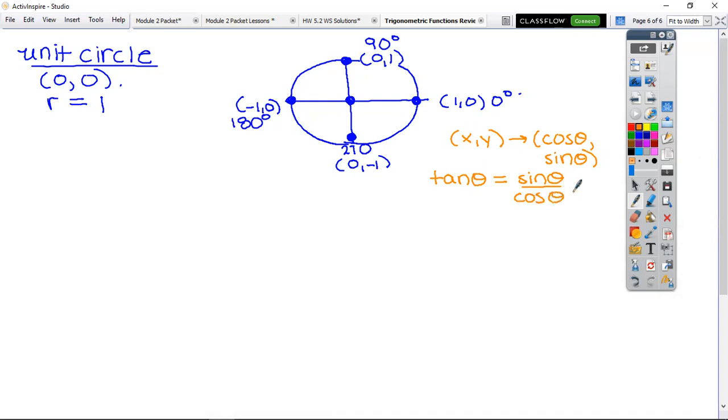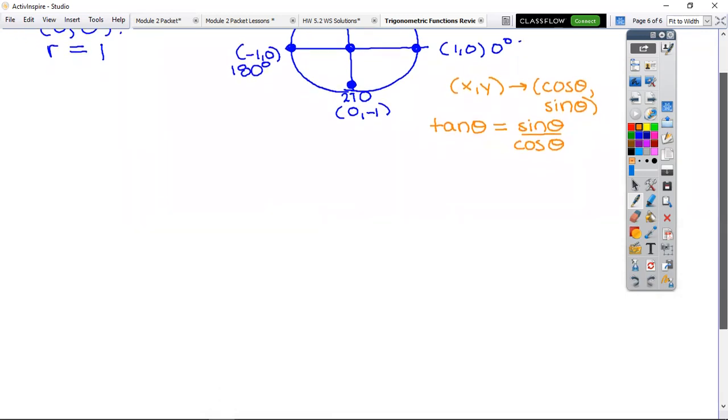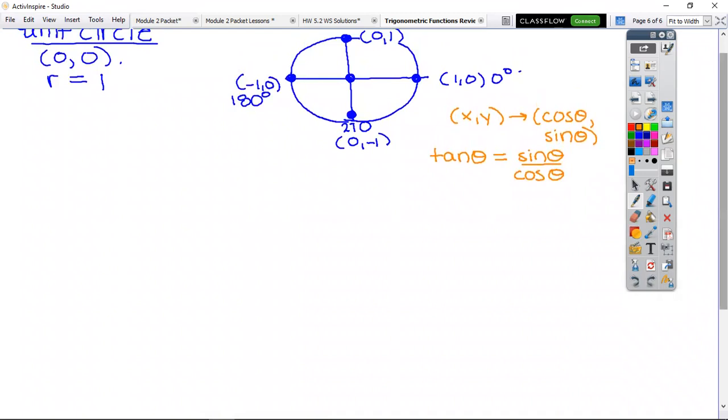Okay, so we are going to list them all out. We're going to start with just sine, cos, and tan. Then we will do the reciprocals. Okay, so this is going to be a big list. So ready? Across here, I'm going to go sine of 0, sine of 90, sine of 180, sine of 270.